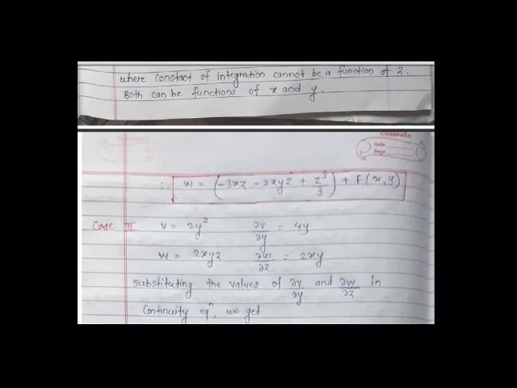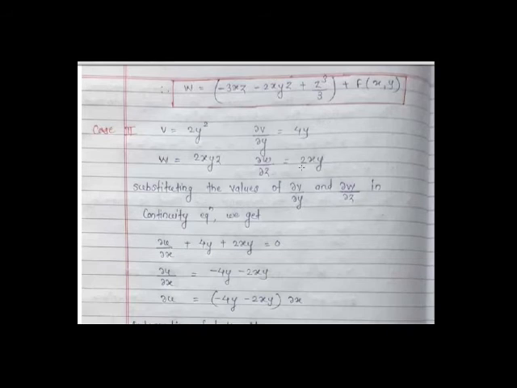So the value of w will be minus 3xz minus 2xyz plus z cubed by 3 plus a function of x and y. This is our answer. So for the first case we get the solution.